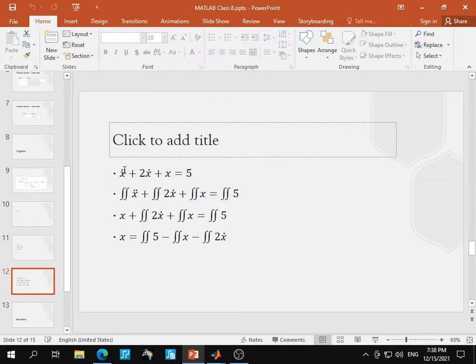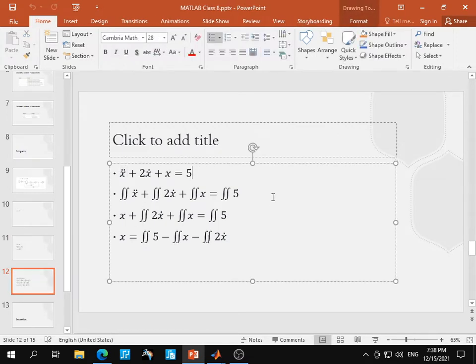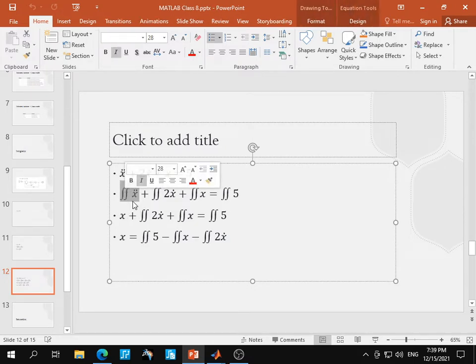So in the same logic, back to our original ODE, we would do a double integral on both sides, and x double dot double integral becomes x, and then you put everything to the other side.